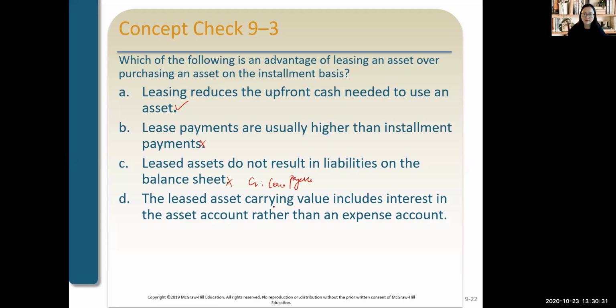And leased asset carrying value includes interest in the asset account rather than the expense account. No, because every time you're paying the payable, you always multiply by 6% divided by 12, so you're always generating an expense. Okay, so A.